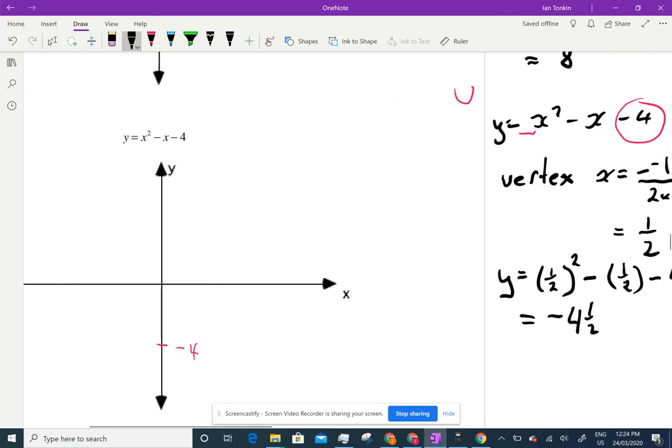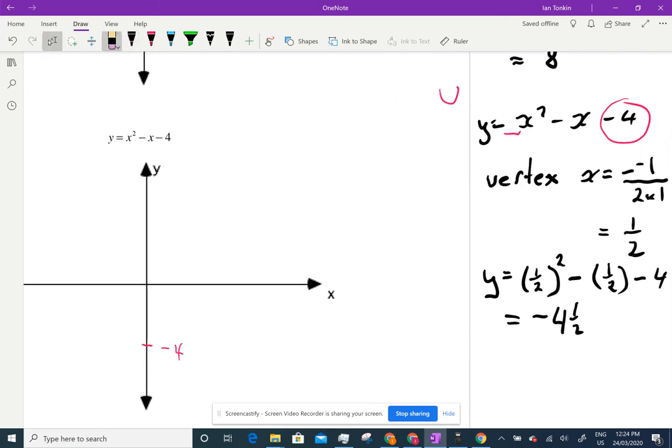So here's my vertex. And I shouldn't have put that negative 4 there because it's going to get in the way. So I'm going to put the negative 4 over here because when x is a half, we get, sorry, that's not a half, that's a quarter, negative 4.25. And I get that point there. There's my vertex.